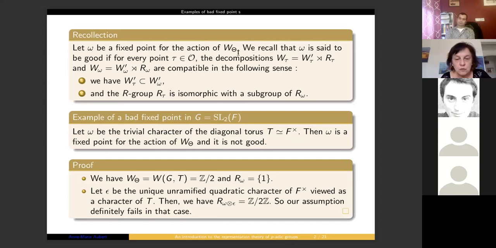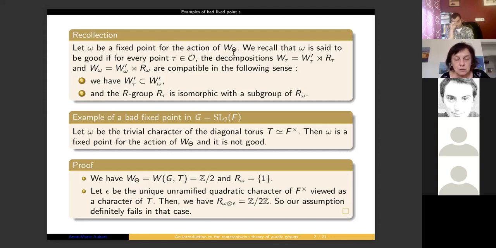Just to remind you, big theta was the inertial class of a pair formed by a Levi subgroup M and a square integrable mod center representation of M, omega.